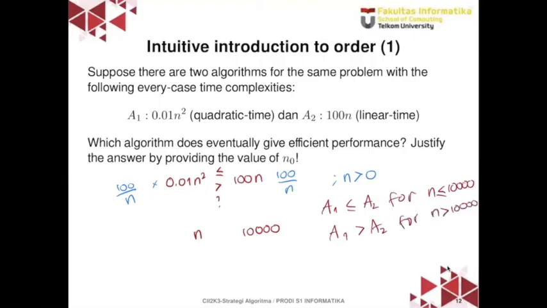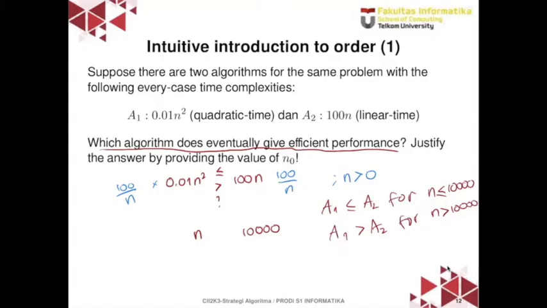So the question is, which algorithm eventually gives efficient performance? Here we can say that A2, after n equals 10,000, will give efficient performance because its time consumption is less.